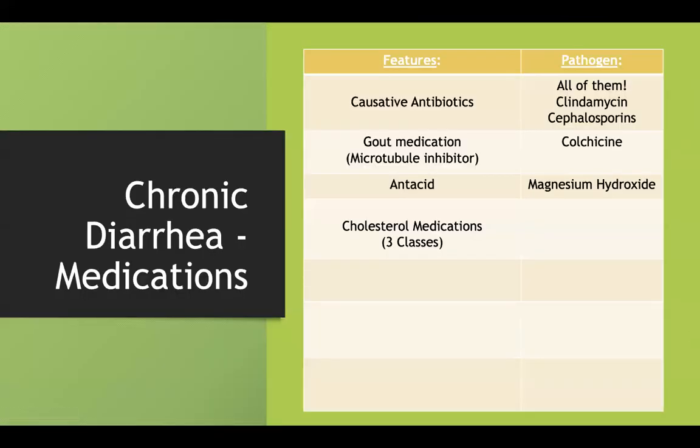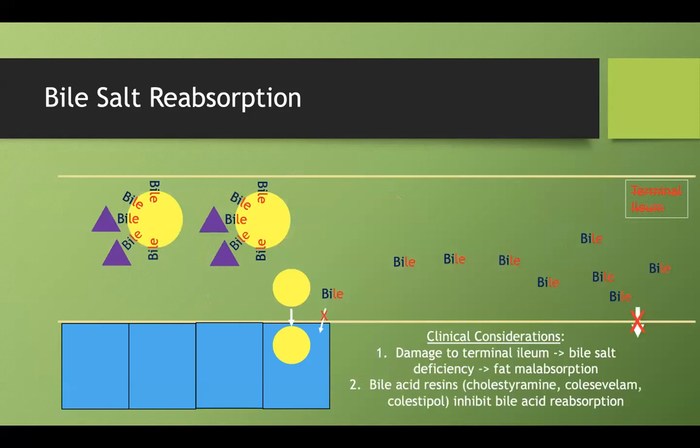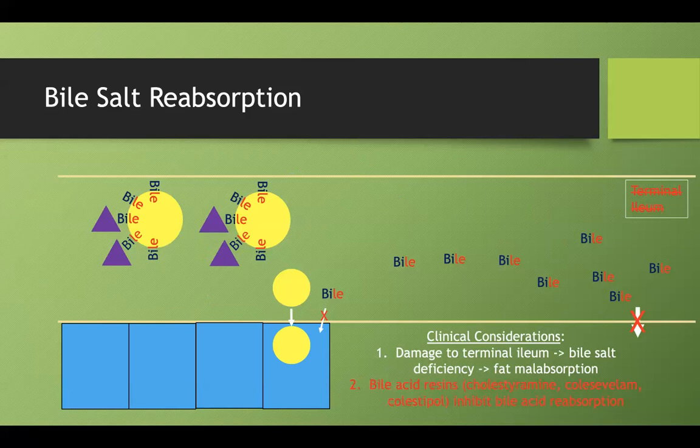There's a few different classes of cholesterol meds that can cause diarrhea. The main ones that they want you to know are bile acid resins, ezetimibe, and fibrates. Bile acid resins we've talked about before in the small intestine and the colon section. So notice here that bile acid resins, their job is to bind to these bile acids and inhibit their reabsorption.